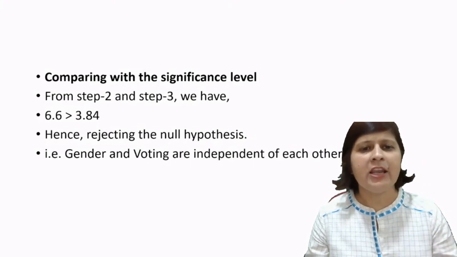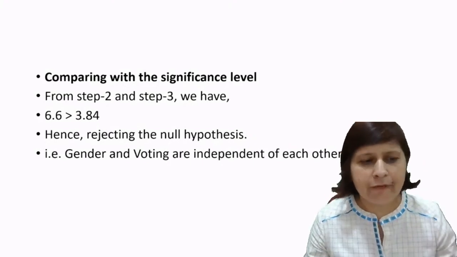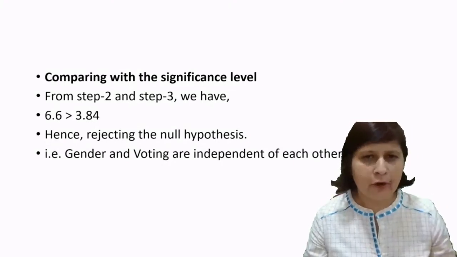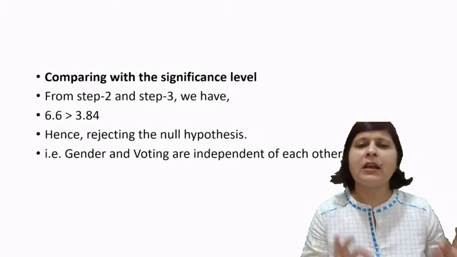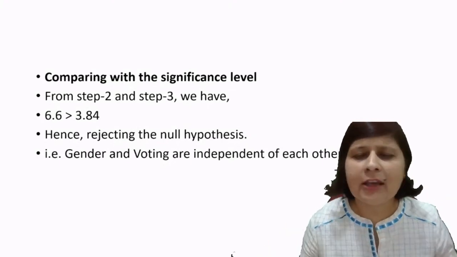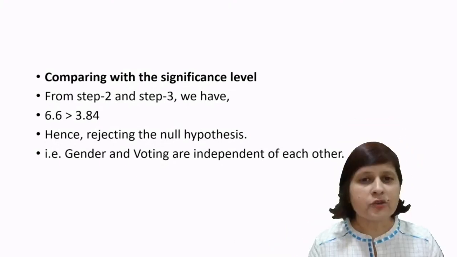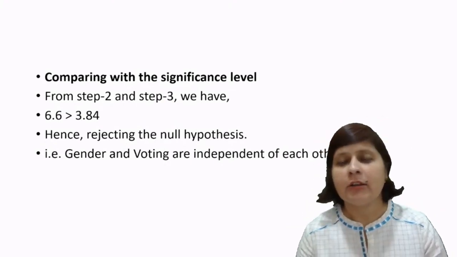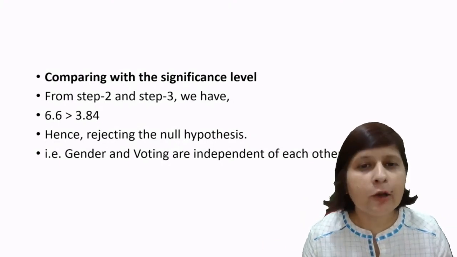At 1 degree of freedom, at the 95% confidence level, the critical value is 3.84 and the chi-square value is 6.66, which means the chi-square value is more than the critical value. So we reject the null hypothesis. This shows that when the chi-square value is more than the critical value, there is a significant difference between the groups.